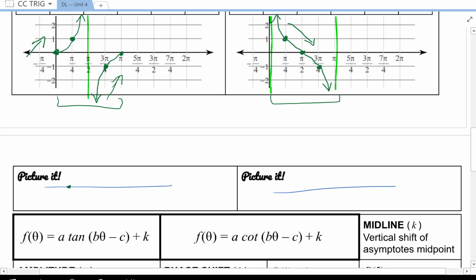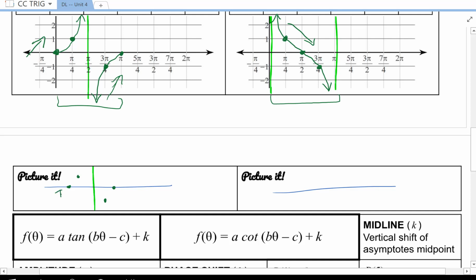Our first point is at the midline. The next one is at positive A, whatever your amplitude is. P3 is a vertical asymptote. Then you have negative A, the amplitude below, and back to the midline. This is what tangent looks like.